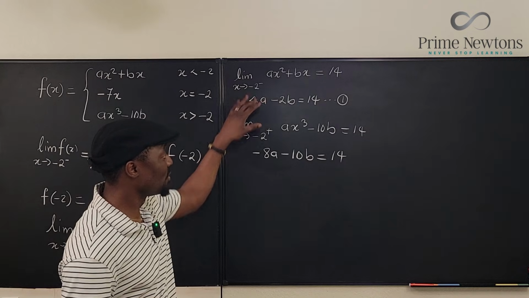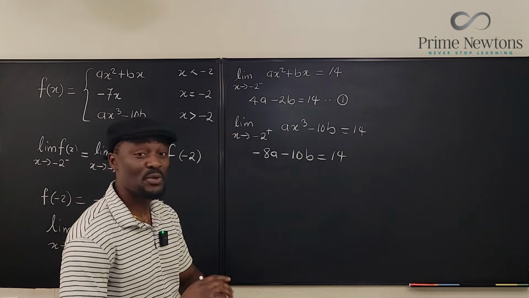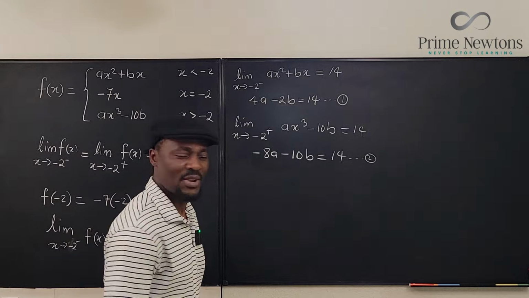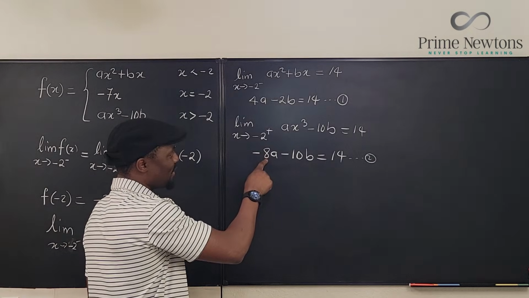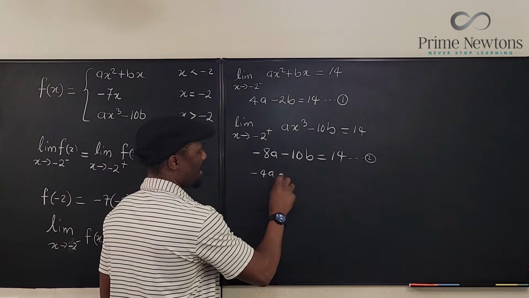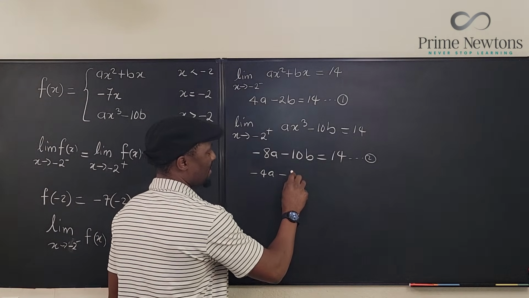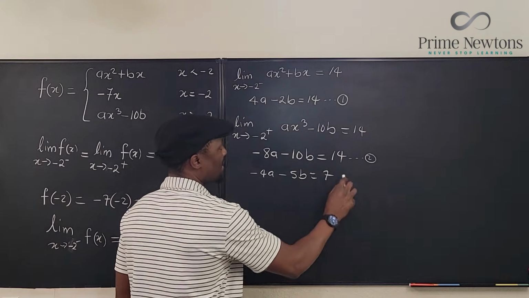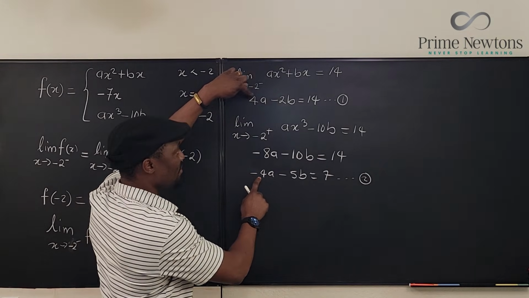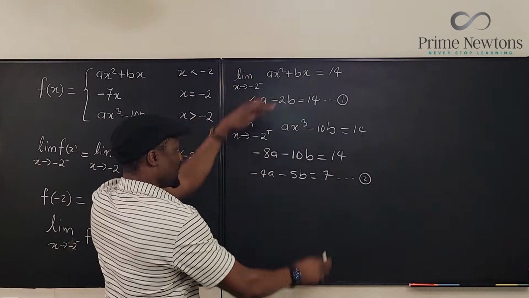Remember, once you have two equations, you can solve them using any method you want. But I just like elimination. And I know that if I divide this by 2, I'm going to have -4a minus 5b equals 7. So let's put them together.